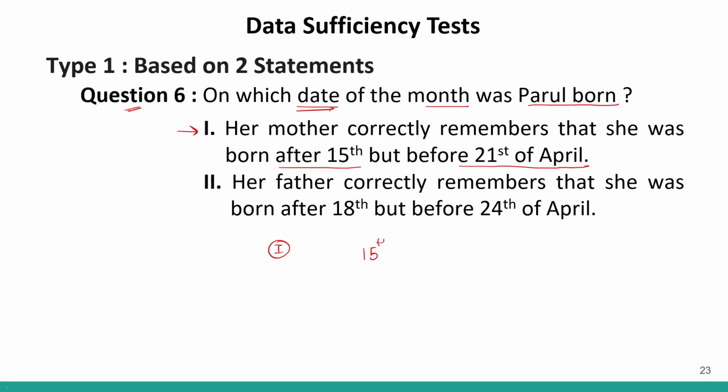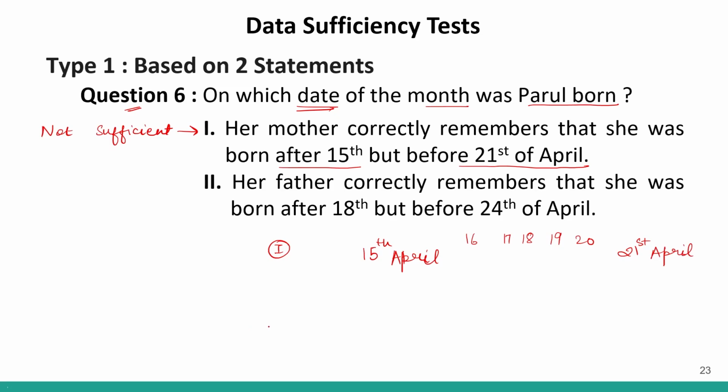That means she was born between 15th April and 21st April, correct? That means she could be born on 16, 17, 18, 19 or 20 April. So we are getting 5 possibilities. So this statement alone is not sufficient.